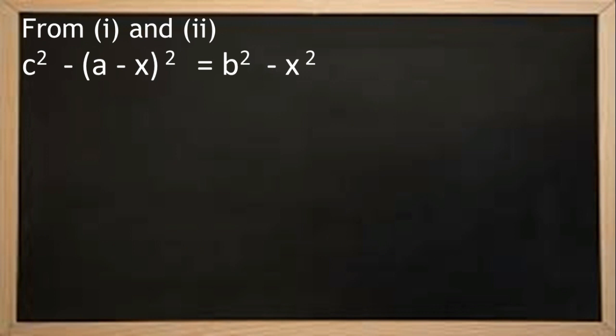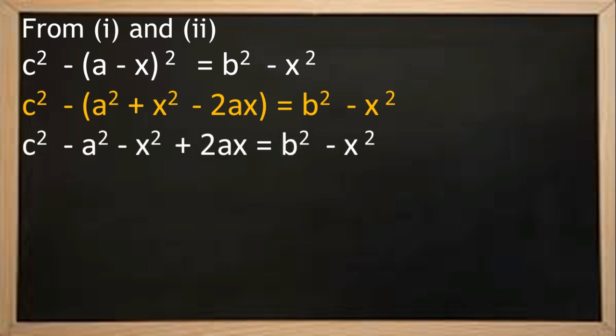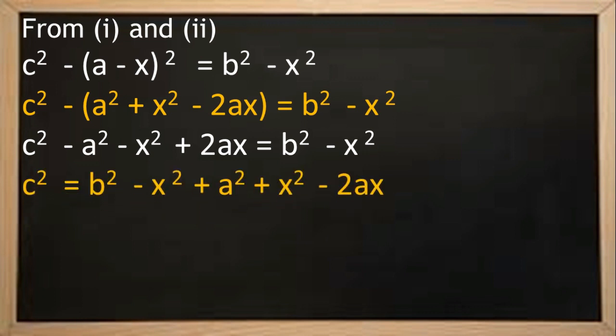Once you equate result number 1 and 2, here we can find the (a minus b) whole square identity. Apply and expand, that is a square plus x square minus 2ax. Remove the bracket, multiply all the terms with minus which is in the bracket. Now try to do the simplification accordingly. x square will get cancelled over here and c square will be equal to b square plus a square minus 2ax.